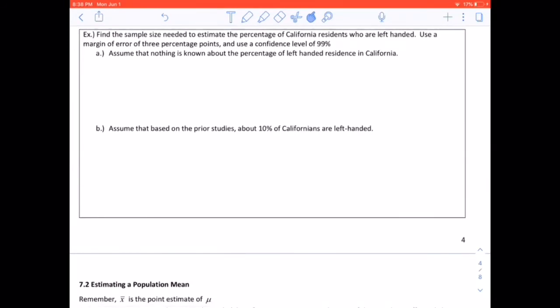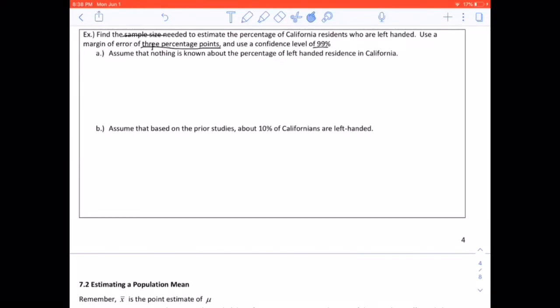So the next example says find the sample size needed to estimate the percentage of California residents who are left-handed. Use a margin of error of 3 percentage points and use a confidence level of 99%. So we're asked to find the sample size, and sample size is n.